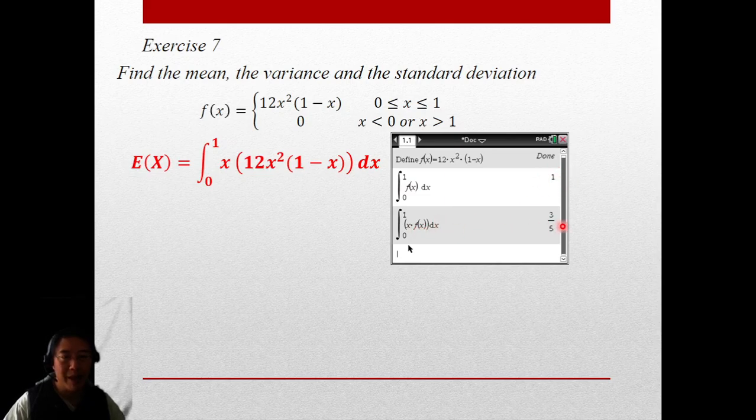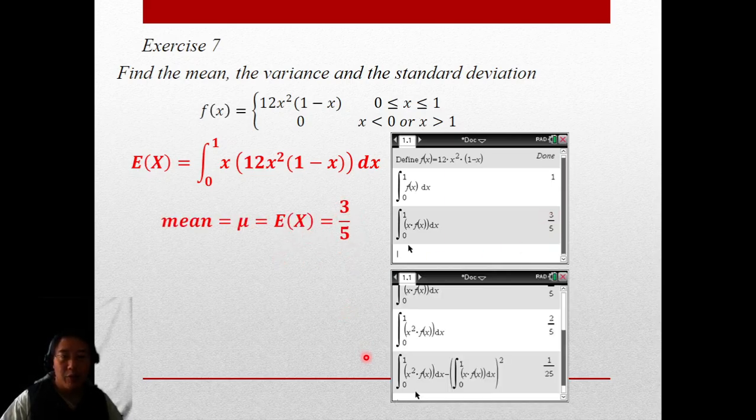Now we multiply by x, that gives us 3/5, so that's the expected value of x. We want to find now the expected value of x squared, so we substitute x squared here. That gives us 2/5. We subtract the expected value squared, and we get a variance of 1/25. You square root that, that's 1/5, which is the standard deviation.